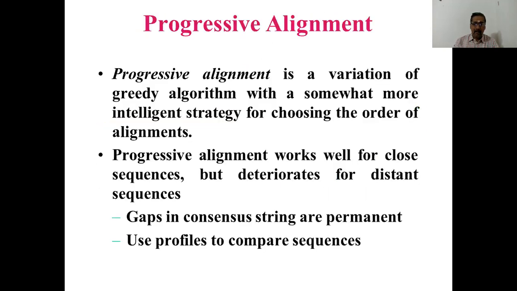So here you can see what is progressive alignment. It's nothing but a kind of greedy algorithm which will identify the similar pairs, and after identification of similar pairs, initially one by one sequences will be added. Suppose there are 5 sequences.